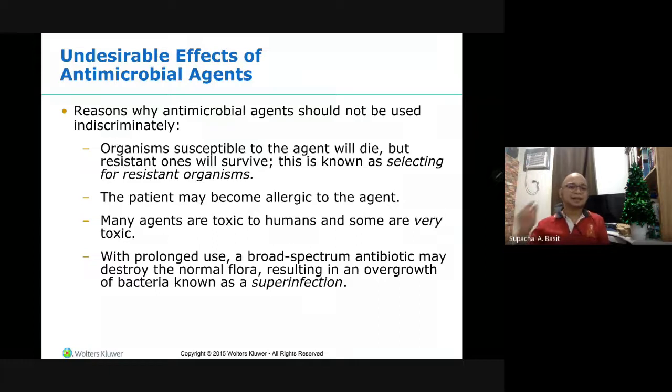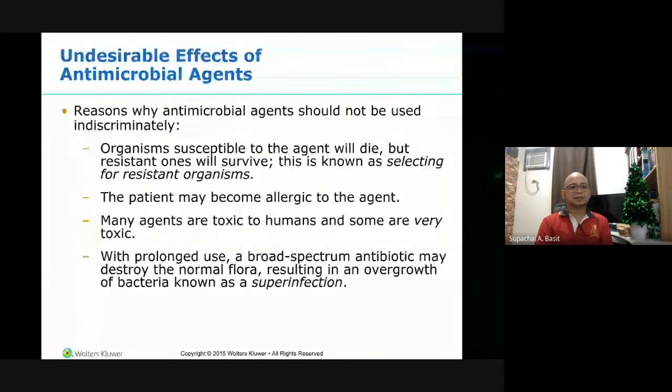So, what are the undesirable effects of antimicrobial agents? These are the reasons why antimicrobial agents should not be used indiscriminately.